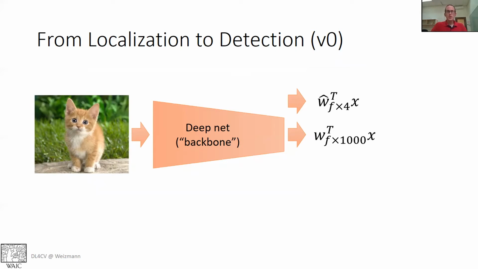So what we can do is version 0 of object detection. We can simply take the image, crop small windows from the image in different shapes, different sizes, and different locations, and run the localization network that we trained on each and every one of these crops.